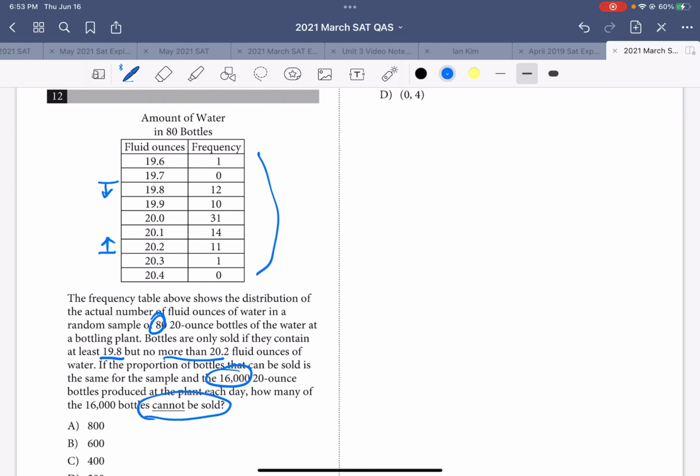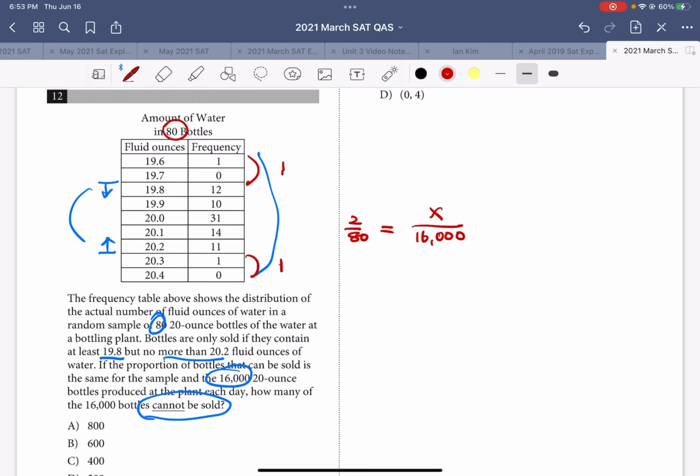Okay. So only this range is allowed to sell. So right here is only one bottle, and here also one bottle. So this is a total of 80 bottles in the table. So 2 out of 80 is the ratio that cannot be sold, right? But now, if it's not 80 bottles but 16,000, how many bottles cannot be sold?